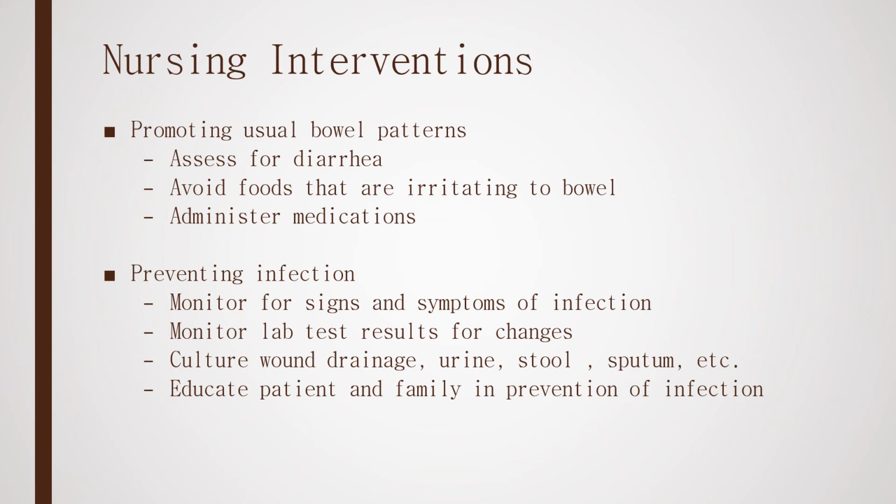So basically, to achieve the goal, we have to make sure to assess for diarrhea, avoid foods that are irritants to the bowels, and administer medication. The type of food that usually irritates the patient's intestinal system is fiber.